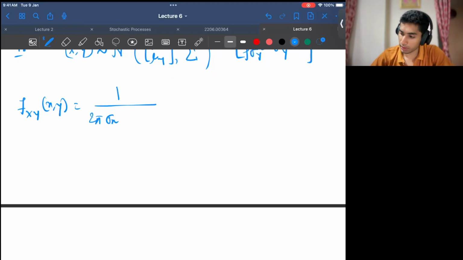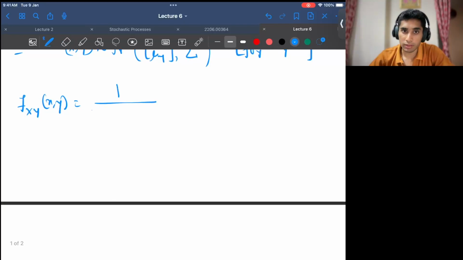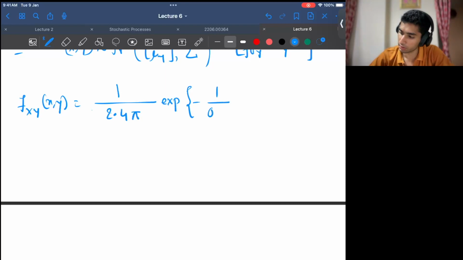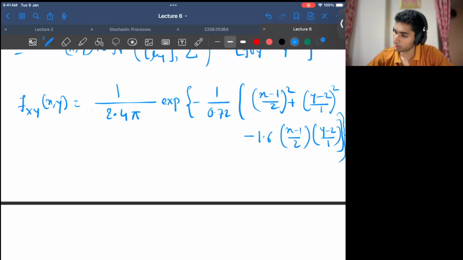So the given thing in the question is 1 by 2.4 pi exponential of minus 1 over 0.72 times (x minus 1 by 2) whole square plus (y minus 2 by 1) whole square plus minus 1.6 times (x minus 1 by 2) times (y minus 2 by 1). Alright, so this is given to us.